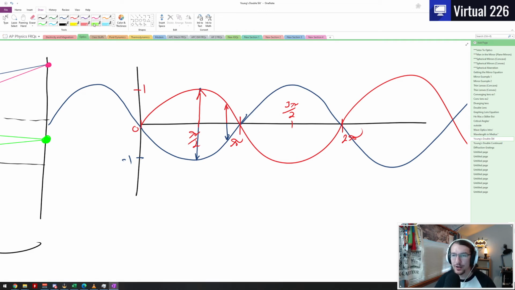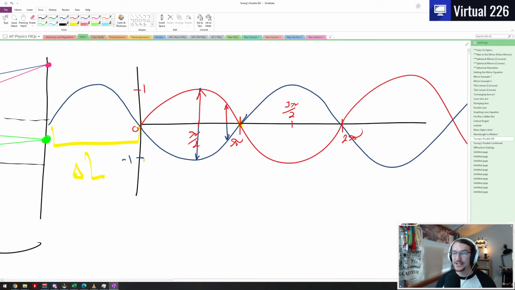This is 0 and 0 at this perfect point right here. So when these waves used to be in phase, if one of them had to travel just a little bit further, some amount like a delta L, if that delta L is the perfect amount, then it will turn these waves out of phase, and the light will interfere with itself, and it will get rid of its own intensity.